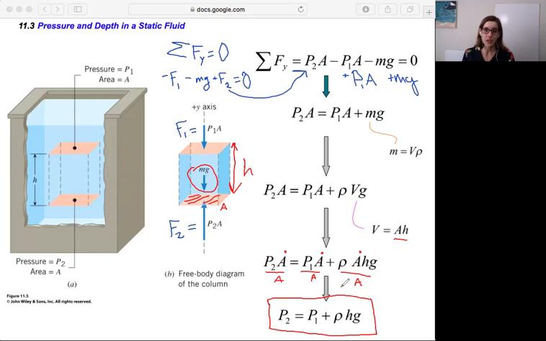So this is an equation that we can use anytime we have a static fluid, something that's not moving, where we'll often use h here as the depth. Or it's the distance between point 1 and 2.